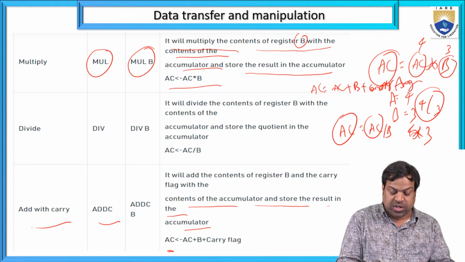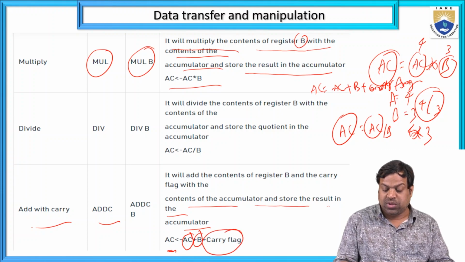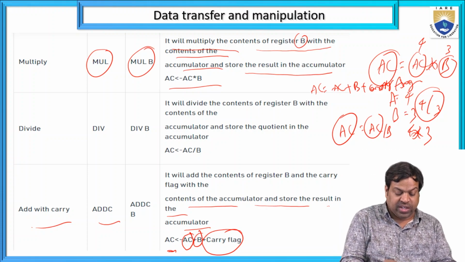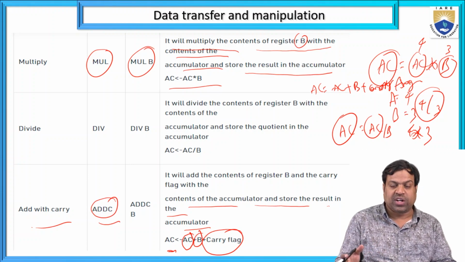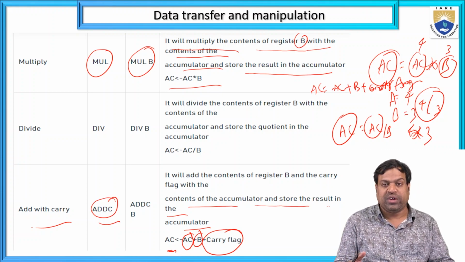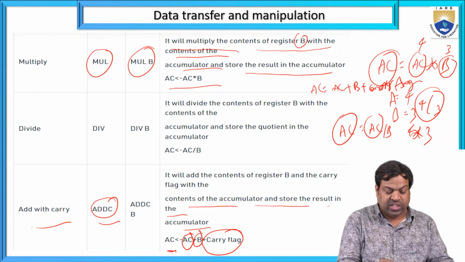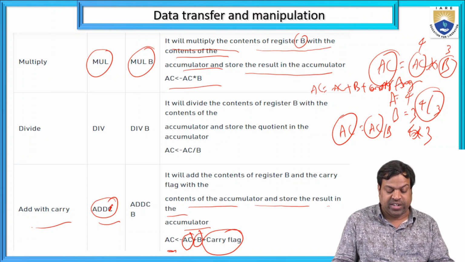One input is the accumulator, another is B, and the carry is added if there is one. If there is no carry, it is accumulator equals accumulator plus B. But ADDC means we will definitely get a carry. Then only we define ADDC. If I am not getting a carry, there is no need for ADDC; directly I will take ADD.